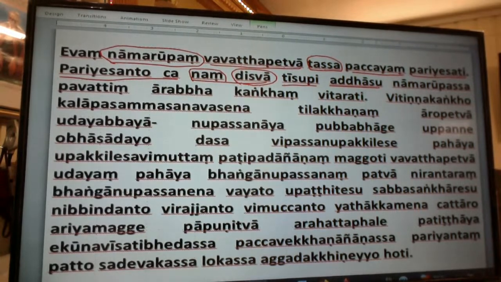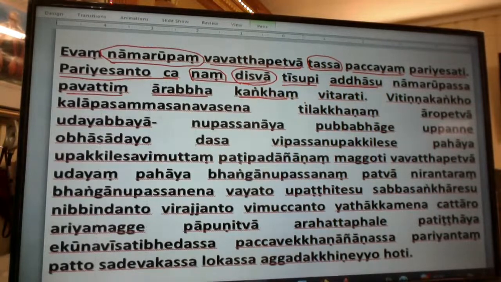Namarupasa. Namarupa is nama and rupa, mentality and materiality. Pavattam, happening. Kankha is a doubt.